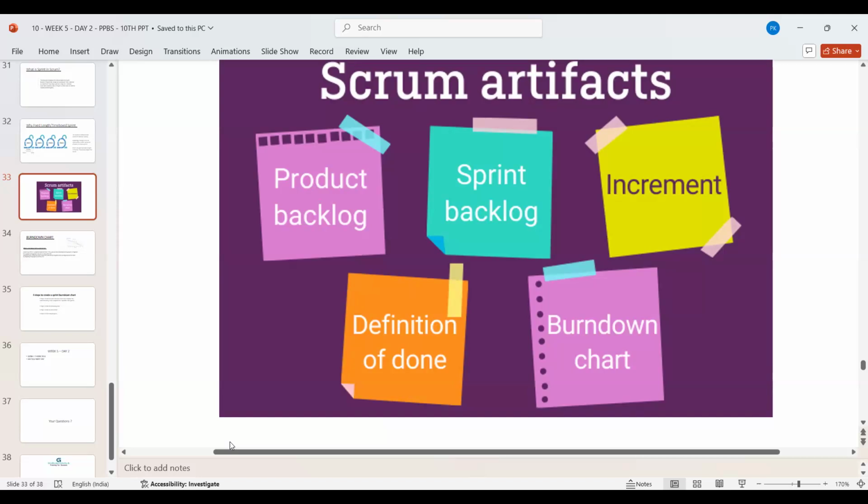Regression testing, everything is completely done. And the documentation required for this particular sprint is completed. And last but not the least, everybody is informed about whatever we have done. So in short, when we are working on something, it has to be completed entirely. There should not be anything pending.